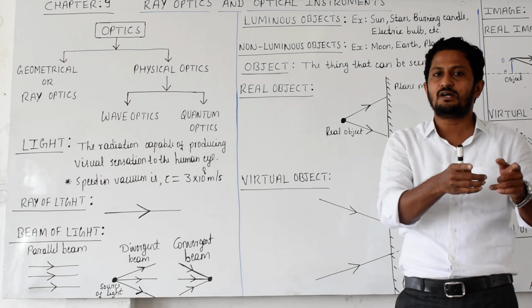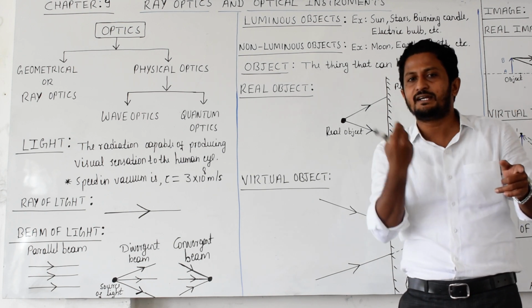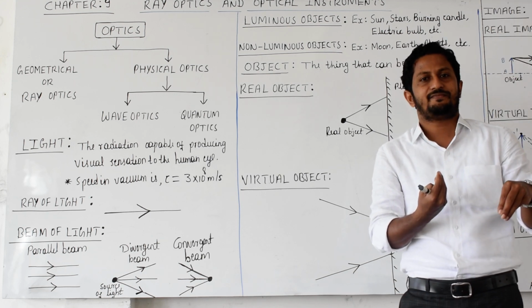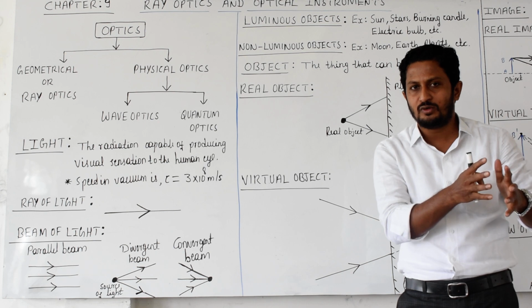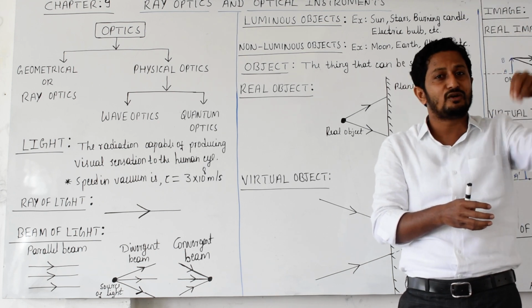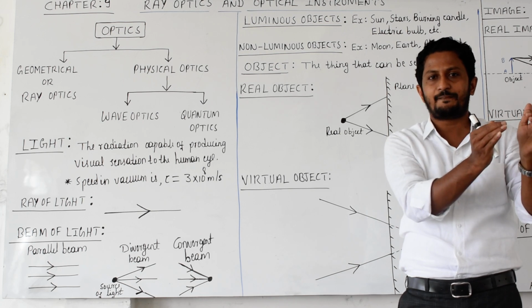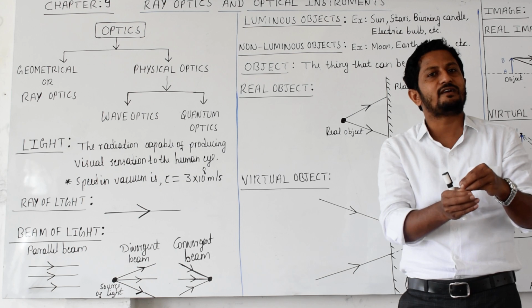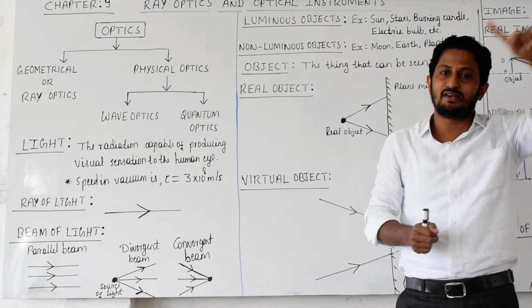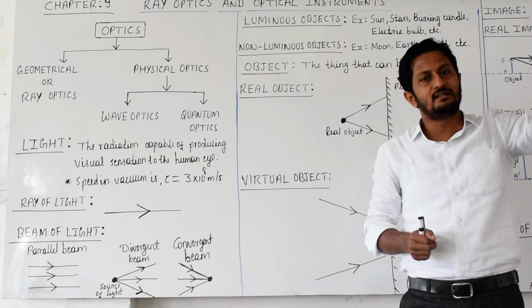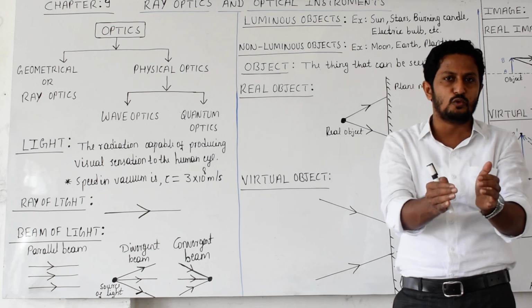The moon re-emits the light rays which fall on it. Light rays are coming from the sun and falling on the moon. Here the moon is there, and on this moon, light rays are falling. From where are they coming? They are coming from the sun.